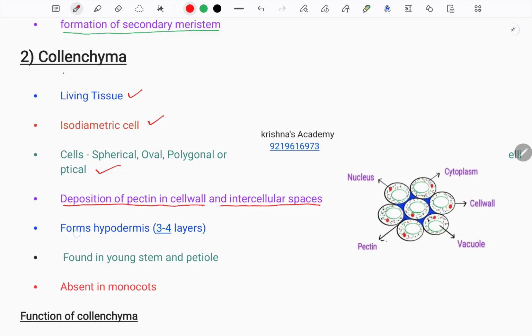Collenchyma forms the hypodermis in dicot plants, especially in their stem and petiole. Okay, this is the most important question. The statement is: hypodermis in dicot stem is collenchymatous.